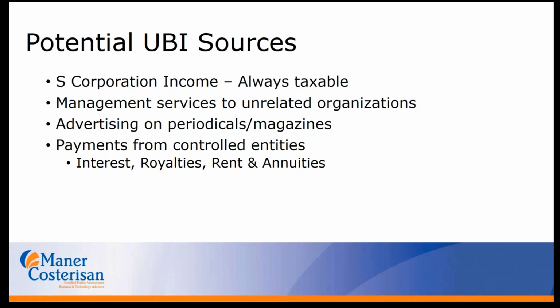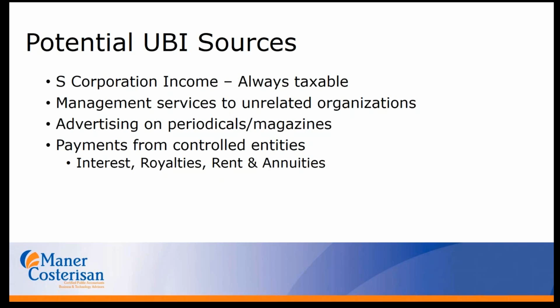And then payments from controlled entities. And this is what I mentioned earlier. So there's a code section in the law, and it's under 512(b)(13), if anybody is interested in IRS code. But this code section says, okay, what the IRS was seeing was they would see a not-for-profit organization that had a wholly owned subsidiary corporation.